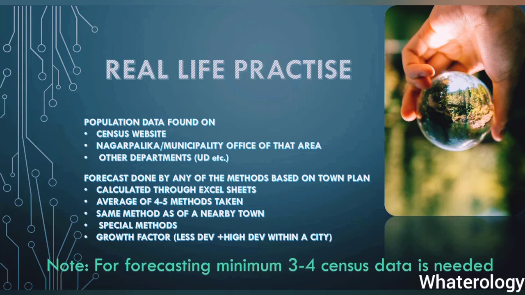Now we need to project the population for 2031. If we interpolate by this method, the population will be somewhere around 5000 to 6000. But since it has been developed extensively for various tourist spots, the Statue of Unity, butterfly gardens, jungle safari, and whatnot, these methods will not be sufficient.